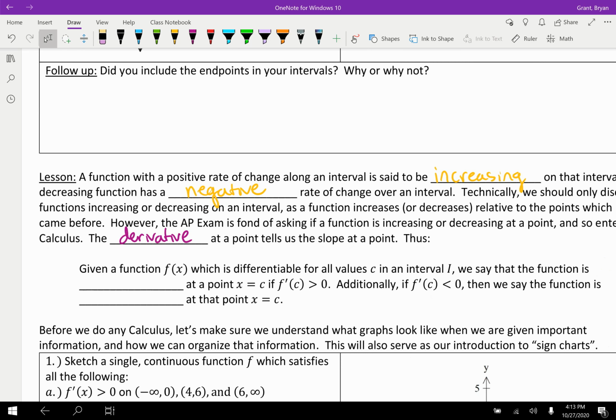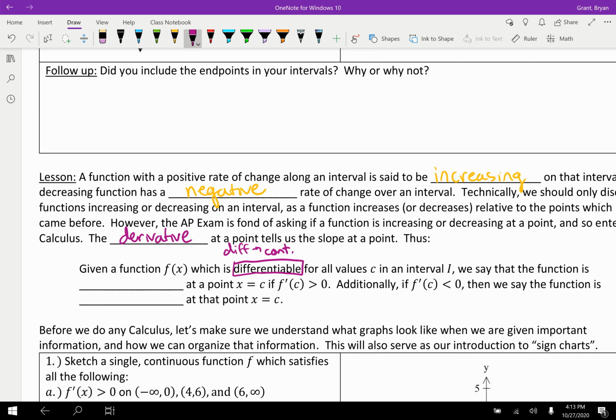So we have our definition. This comes from your book, but it's not too terrible to think about. So given a function f of x which is differentiable, and don't forget we discussed 2 classes ago, if something is differentiable, it implies the function is also continuous. So again, this means we're not picking up our pencil and there's no sharp points, cusps, anything like that.